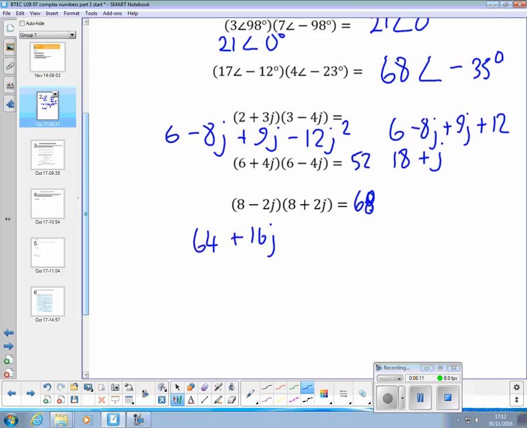Minus 2j times 8 is minus 16j. Minus 2j times 2j is minus 4j squared. These two cancel each other out. j squared is equal to minus 1, so the sign of that changes to plus 4. So we end up with 64 plus 4 equals 68.